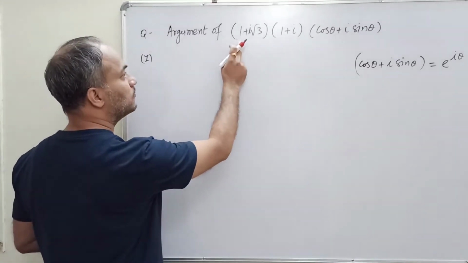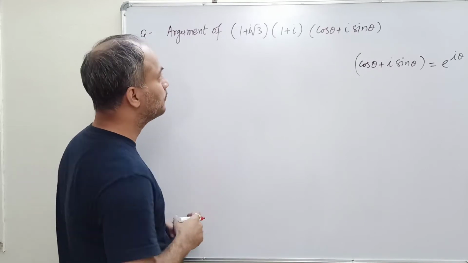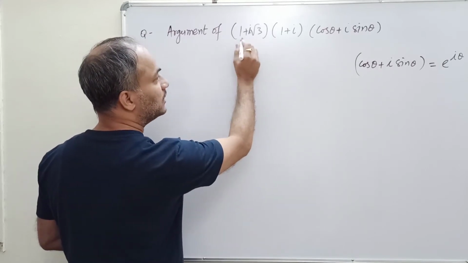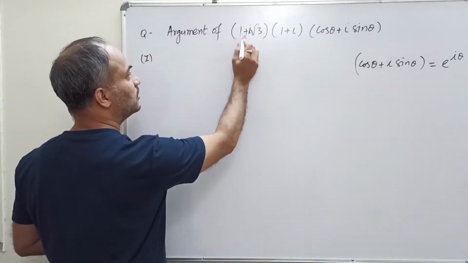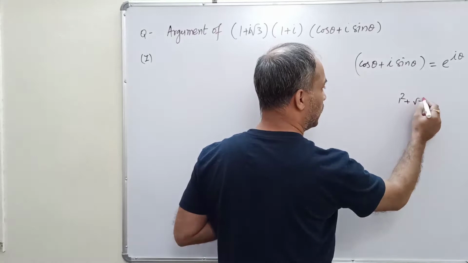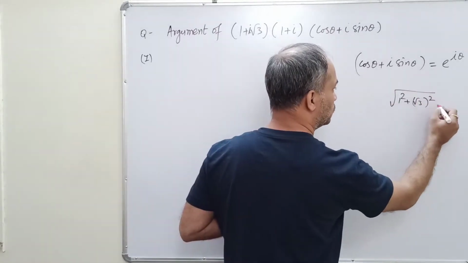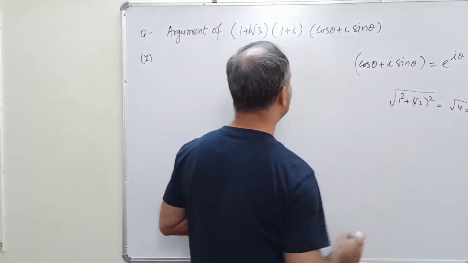So here we will write each and every term in e to the power something. For that we need some angle also. So this 1 and root 3: 1 square and root 3 square, the sum is 4, the square root of which is 2.